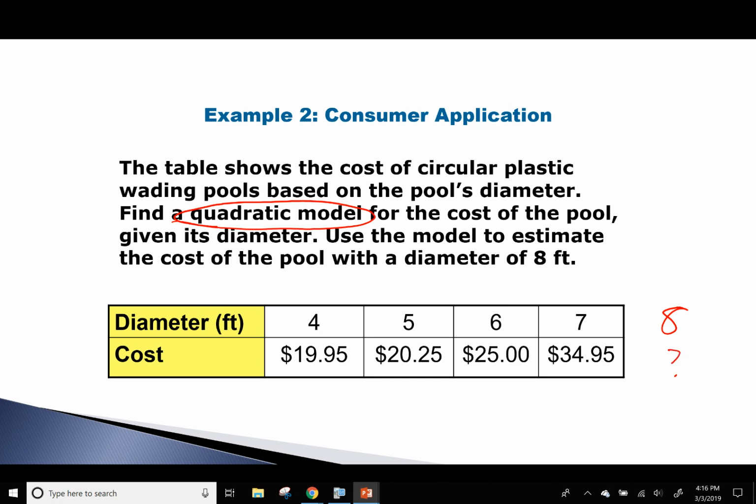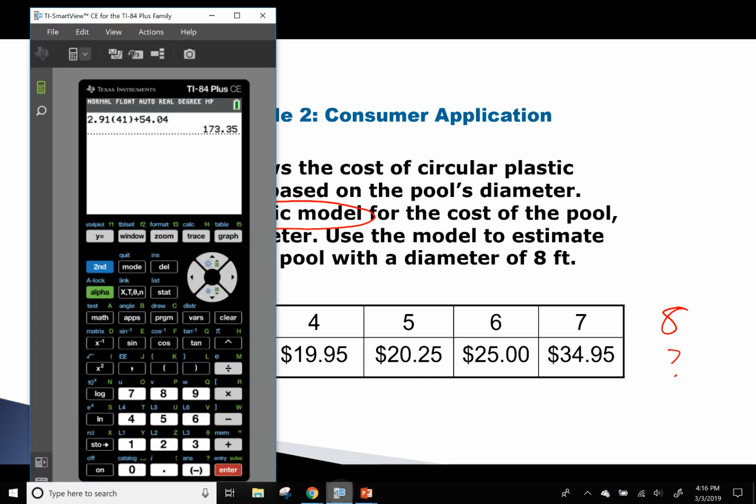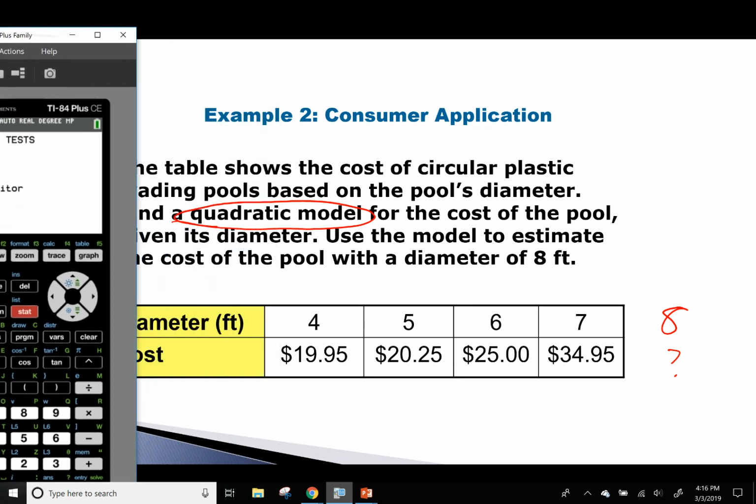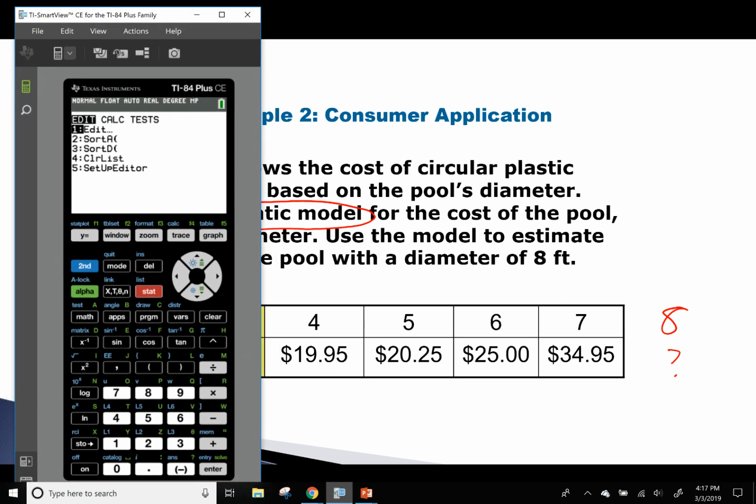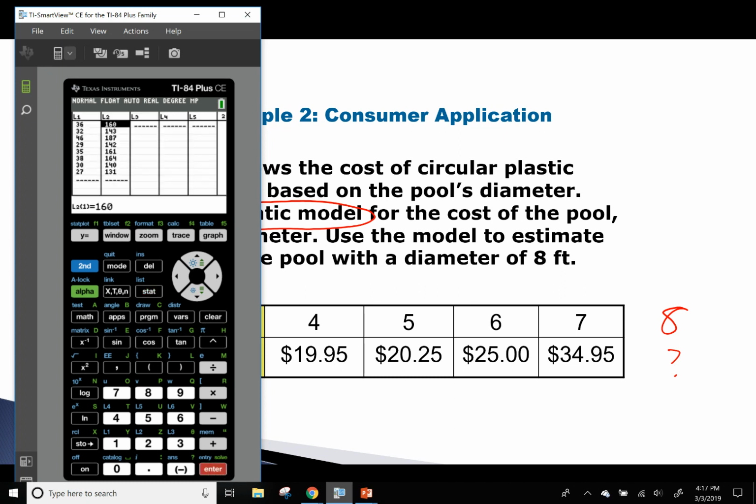Well, the first thing is I need my equation, and my equation is going to be done simply in the calculator. With the calculator, we are going to input this table into our calculator. So we're going to go to Stat, Edit, and I'm going to clear my list that's already here. To clear my list, I'm going to arrow up to the top of the list, hit Clear and Enter.